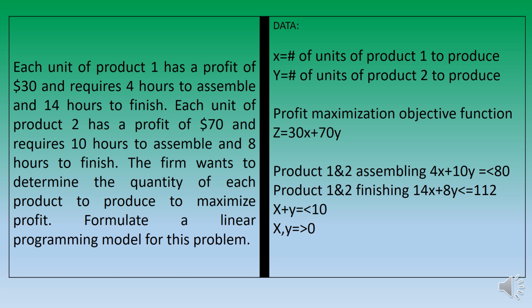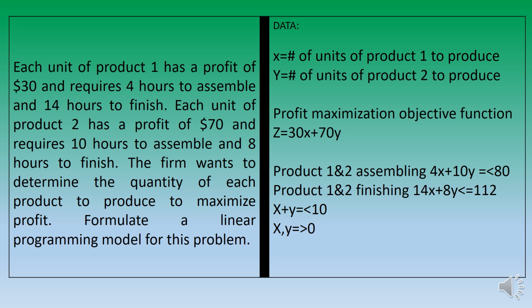So 4x plus 10y is the assembling duration. 4 is the hours for assembling product 1, and 10 hours is for assembling product 2. The total hours, already given, is 80.